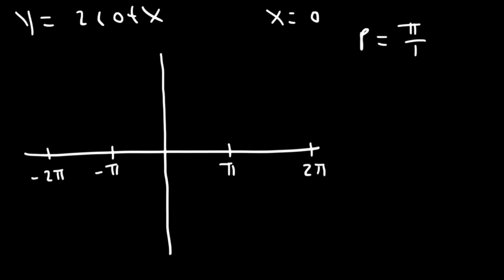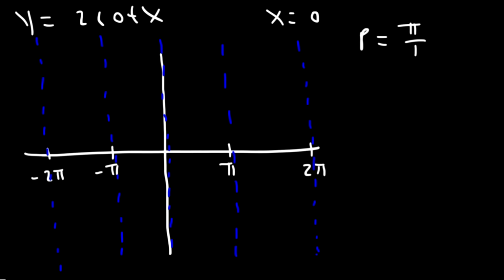So now let's go ahead and draw the vertical asymptotes. So we also have one at 0, so just keep that in mind. Now let's plot points. Let's focus on the area between 0 and pi.